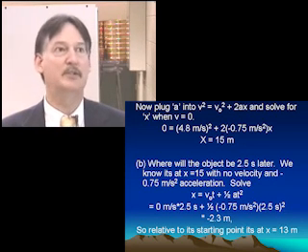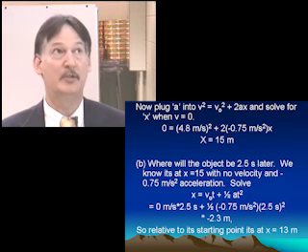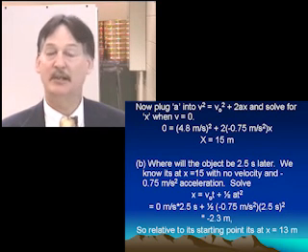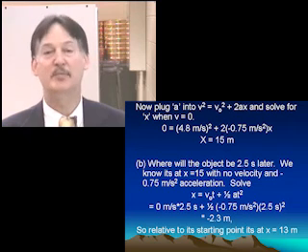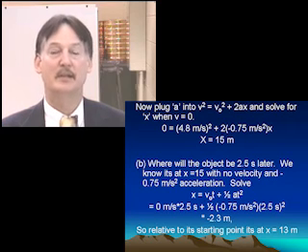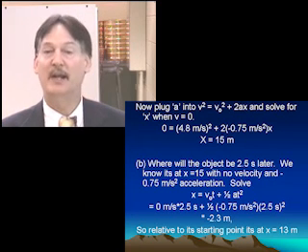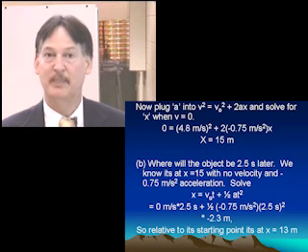So where will the object be 2.5 seconds later? Well, we know it's 15 meters from the origin. It's accelerating back toward the origin at -0.75. And so we can go ahead and use our kinematics equation, x equals v0t plus 1/2 at squared. Now recall that in this case, v0, we are at rest momentarily at this position 15 meters. So we'll just treat that as our origin and have zero velocity.